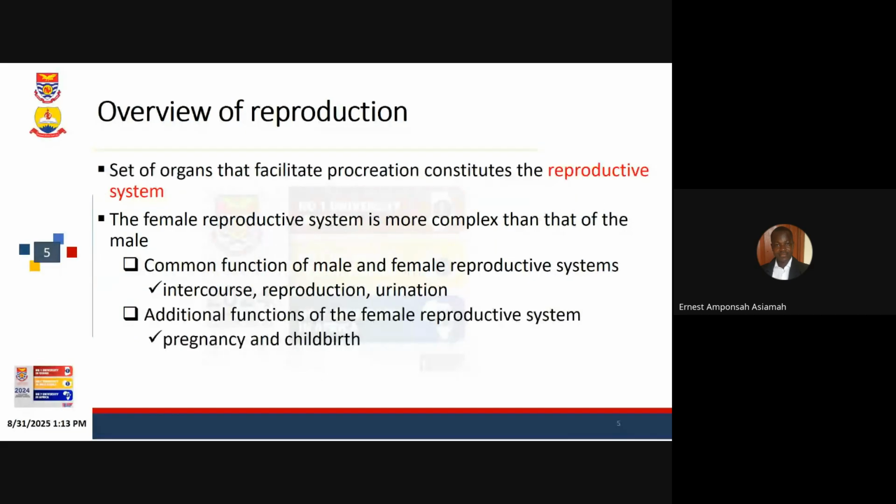So the set of organs that facilitate procreation constitute what we call the reproductive system. In mammals, you notice that the female reproductive system is a little bit more complex than the male reproductive system.